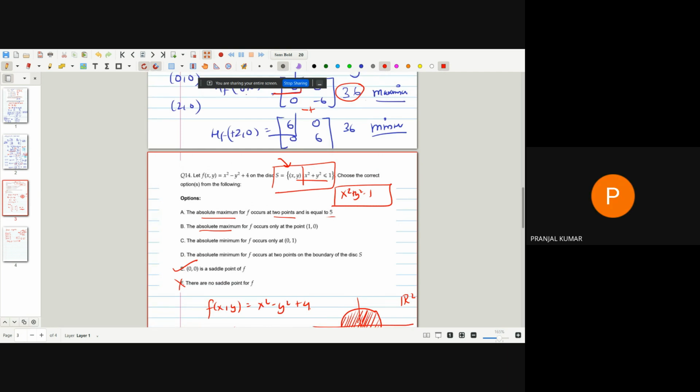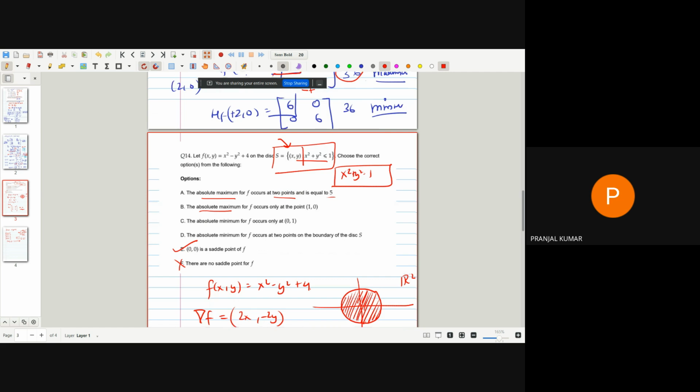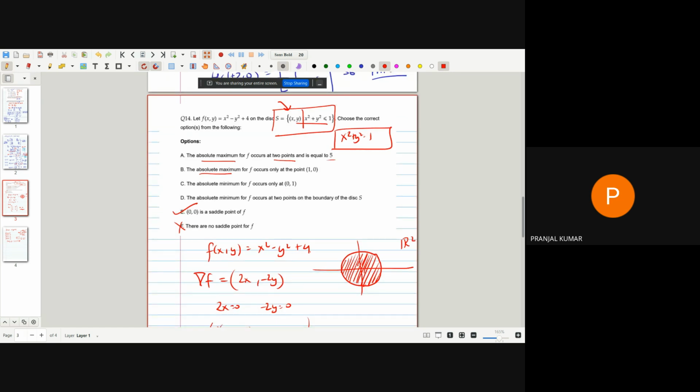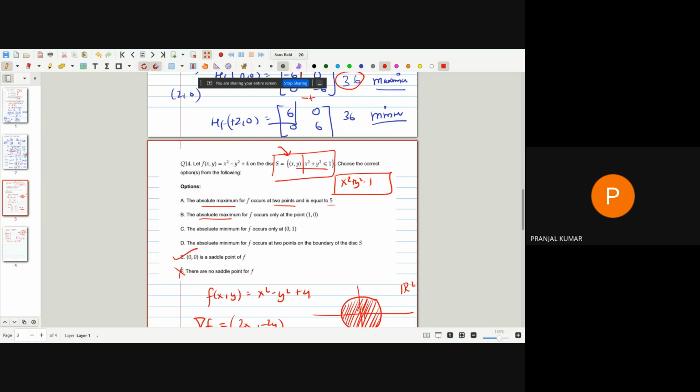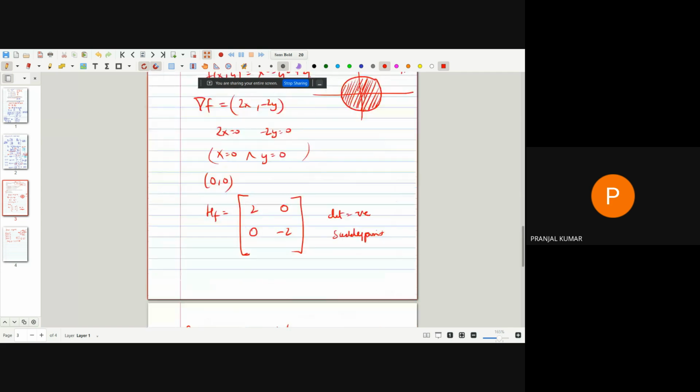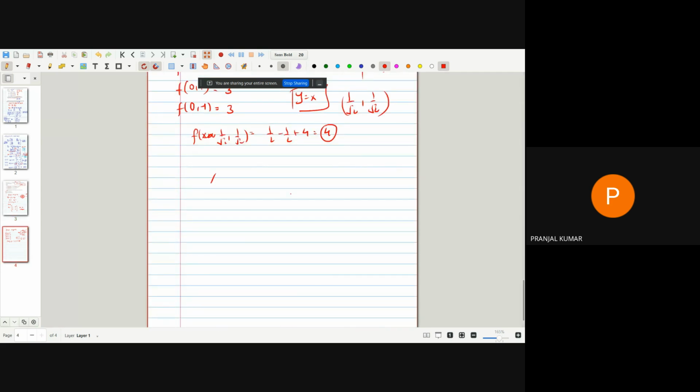Okay, so what we can do is another thing. Just wait one minute. Since there are no corners, that is fine. Then what we can do is x square plus y square less than 1. So the boundary is x square plus y square equals 1, right? The possibility of a global maximum occurring is only at the boundary now.